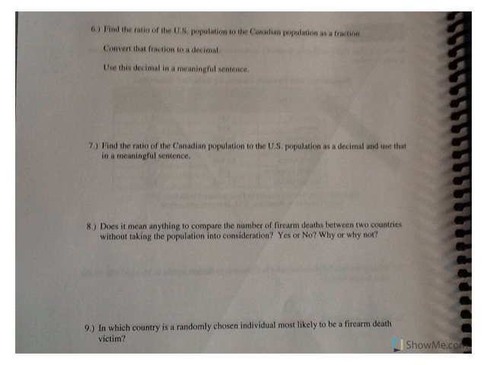U.S. population to the Canadian population would be 309 to 35. It asks you to change that to a decimal. Remember, we divide to get it to a decimal, and I get 8.83. That means there are 8.83 U.S. people to every 1 Canadian.